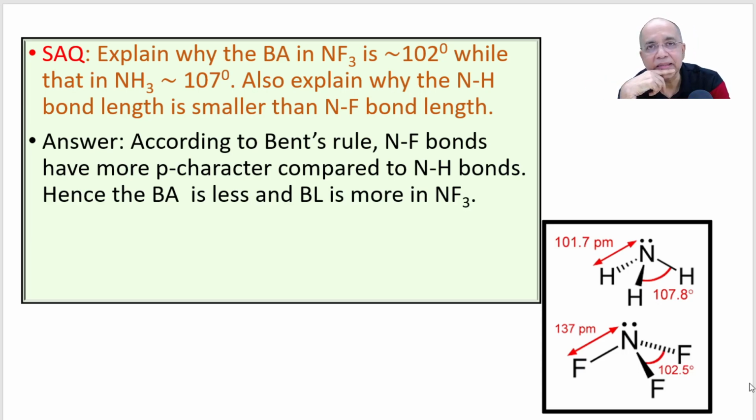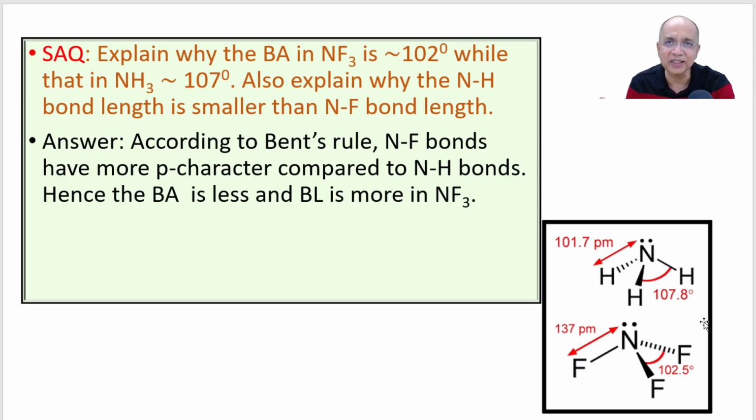It can be best explained by Bent's rule, because hydrogen is electropositive and fluorine is electronegative. So the sp3 hybrid orbitals used by nitrogen will possess more p character towards fluorine and more s character towards hydrogen.